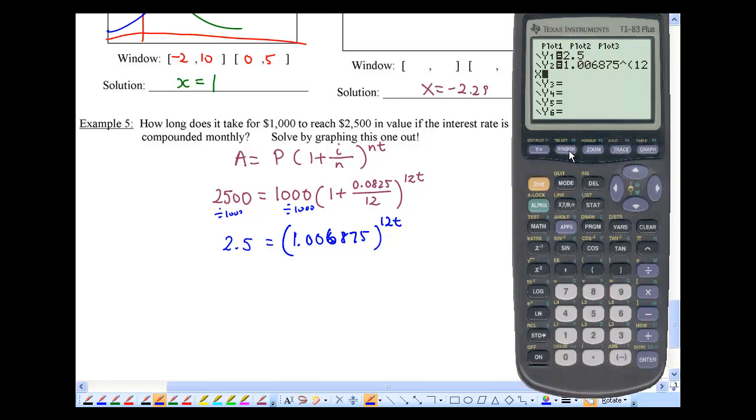Okay, so this is 2.5. Better change my window. The y value doesn't need to be that big at 80. Break it down to like 8.